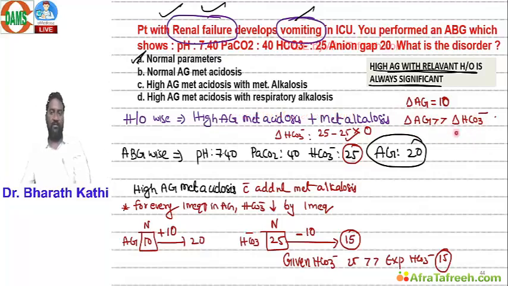So something is adding bicarbonate and not allowing it to decrease. Anything that will add bicarbonate is additional metabolic alkalosis. So this is a situation of high anion gap metabolic acidosis with additional metabolic alkalosis.